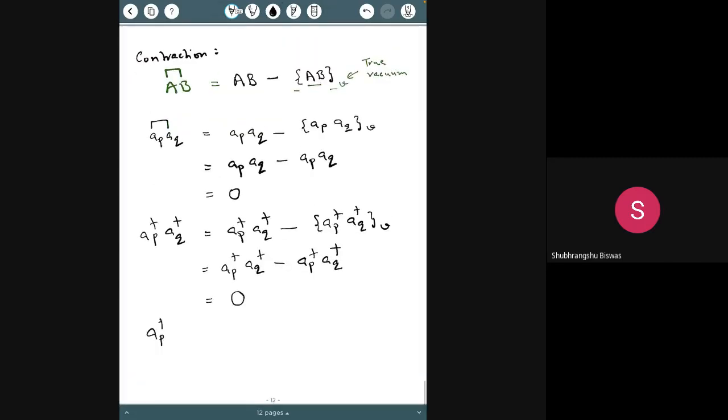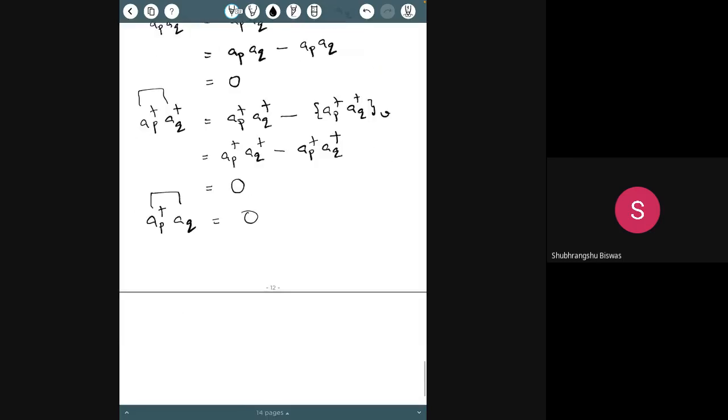Now, if you have something that looks like A_P dagger A_Q contraction, this is also already in normal order, creation before annihilation, so this is also 0.